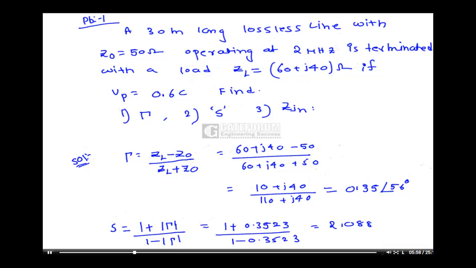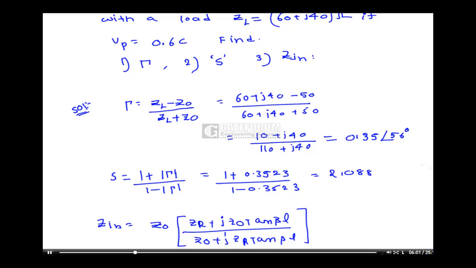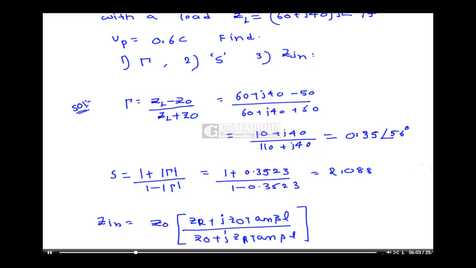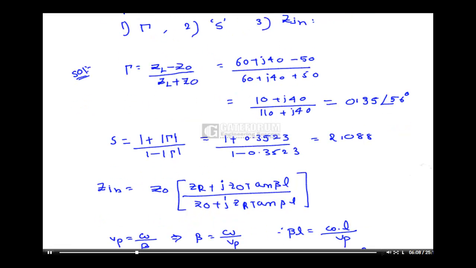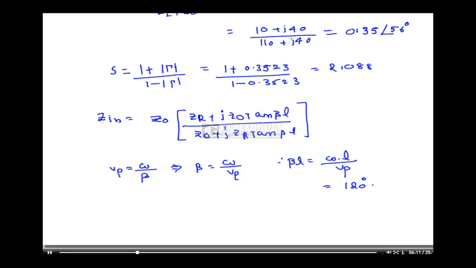Then directly substitute the beta L value in Zin, because we know the ZR value, Z0 value, everything. So directly substitute that value. If you substitute, we will get Zin approximately 24 magnitude, and the angle is 3.22 degrees. 24.0 is the magnitude and 3.22 is the angle.